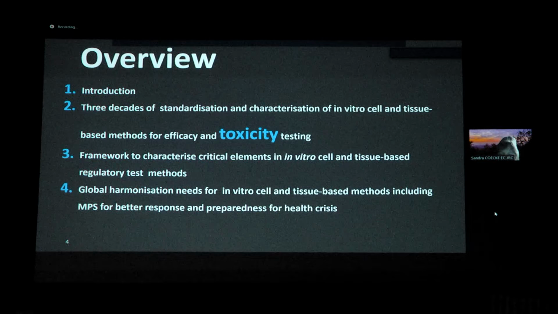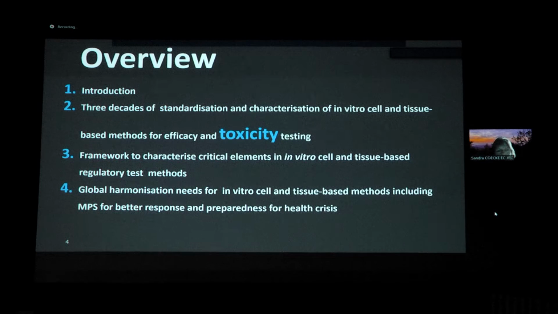Now, these cell and tissue culture methods, although they are beautiful technologies and you can get so many answers from them, have to be quite well controlled because small changes can impact the data you get. So I've been working a lot to characterize the critical elements in these in vitro cell and tissue-based methods, especially when you use them for regulatory decision making, but also for any kind of scientific applications.